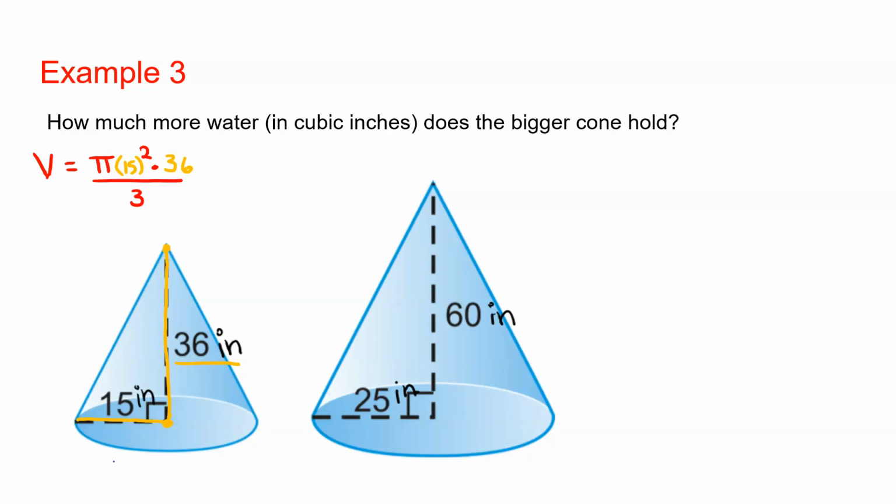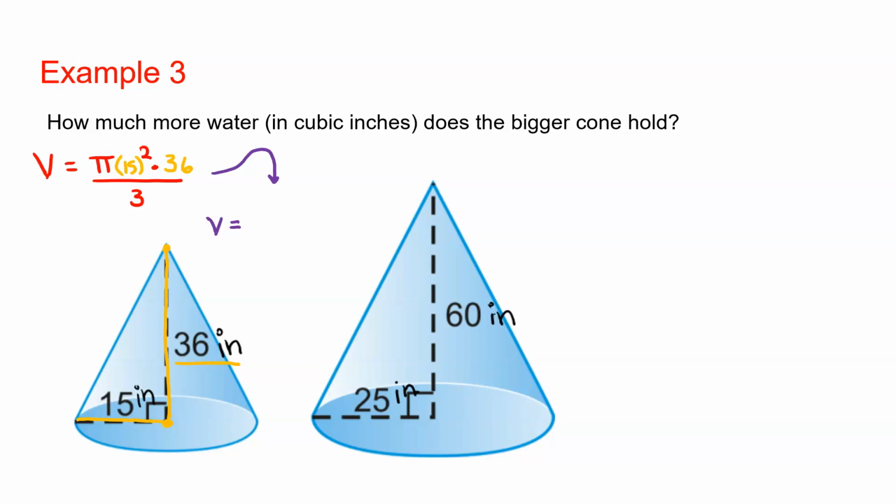Now what I'm going to do here is multiply a couple of things on my calculator and give the final answer for the volume of this smaller cone. So what is this going to give us when we work it out? Let me verbally explain what I'm doing on my calculator. First, I'm doing 15 squared, so 15 times 15. That gives me 225. Then I multiply that by the 36. That gives me 8,100.